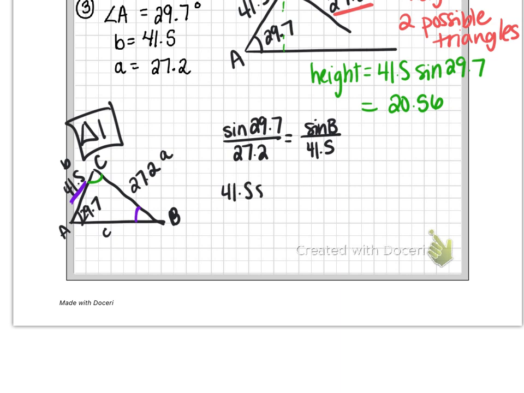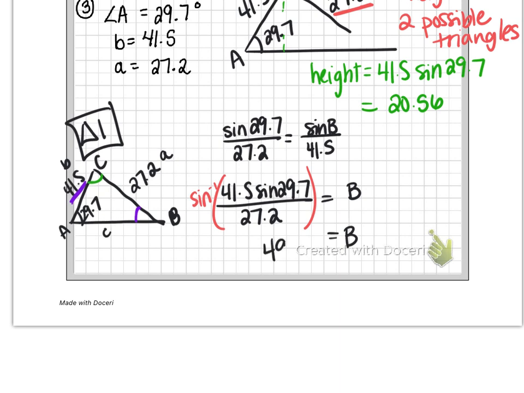Cross multiply, and then take the inverse sine of both sides to find what the measure of angle B is. And if we plug this all into our calculator, we get that angle B equals approximately 49.1 degrees.